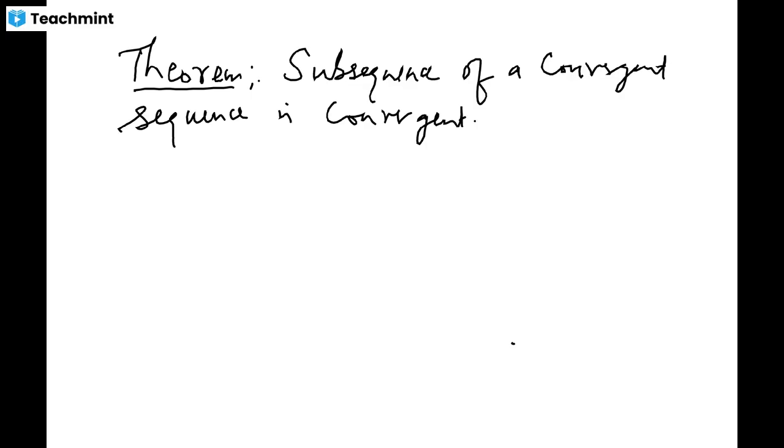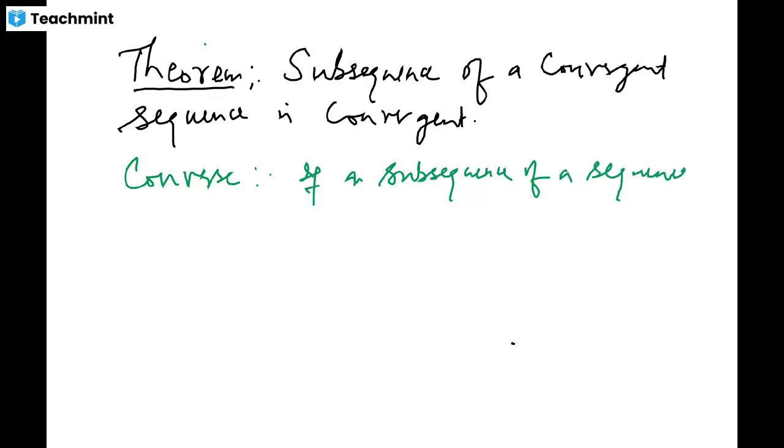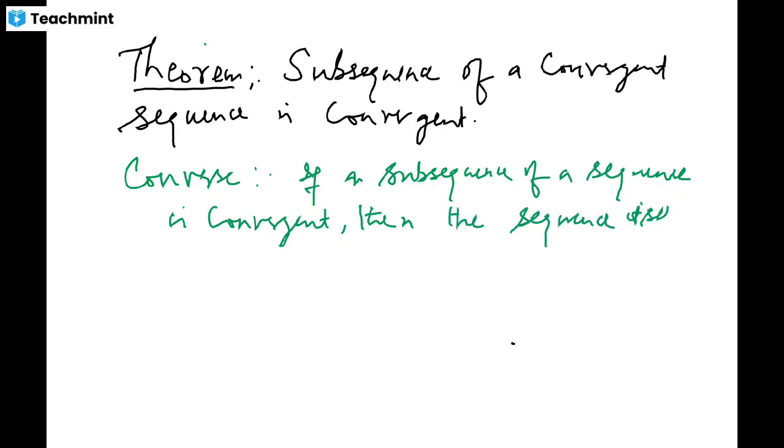लेकिन इसका कन्वर्स ट्रू नहीं है. Let us first give the example of this. So what is its converse? Let us first write its converse. The converse statement is: if a subsequence of a sequence is convergent, then the sequence itself is convergent.